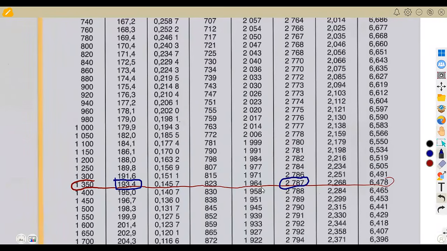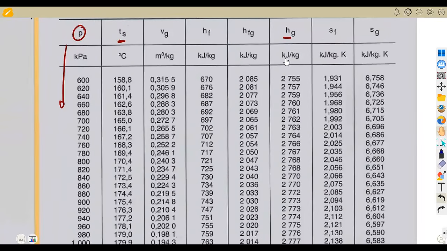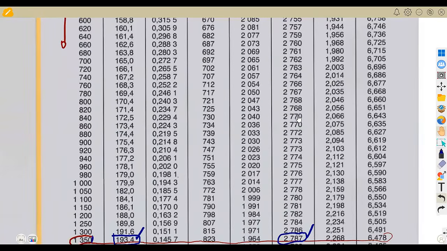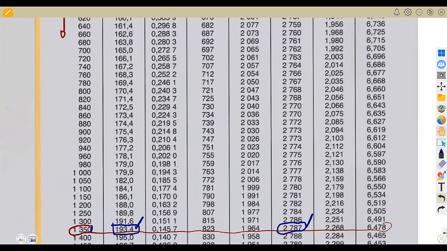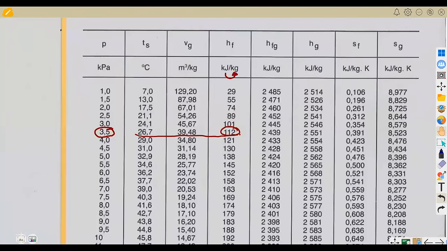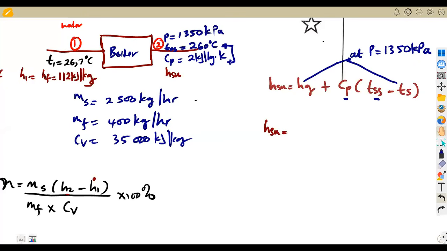This is the value of Hg at this pressure that we are given. So we've got the value of Ts and the value of Hg in kilojoule per kg. All right, so we are going to take these values back to our formula so that we calculate our H sup in this case, which is the superheated steam enthalpy.